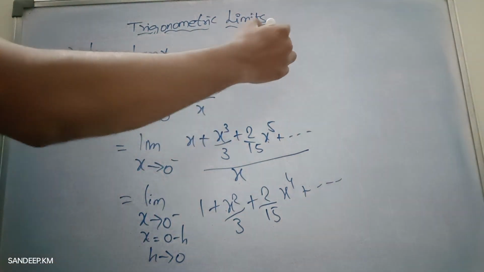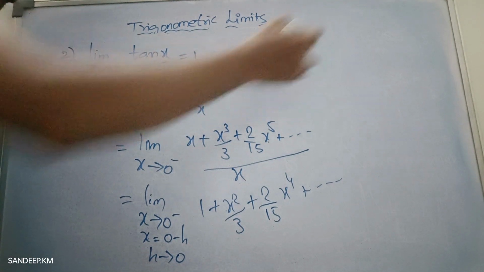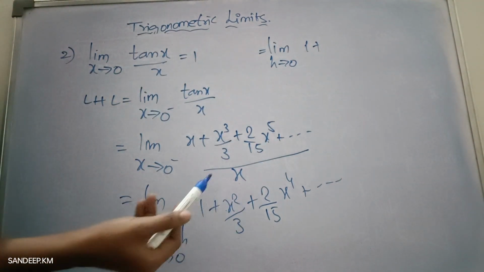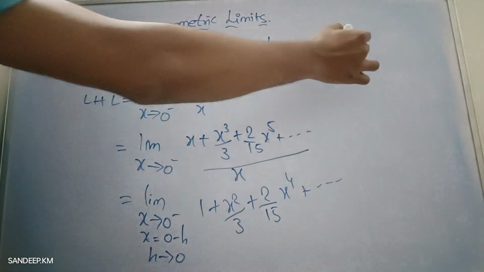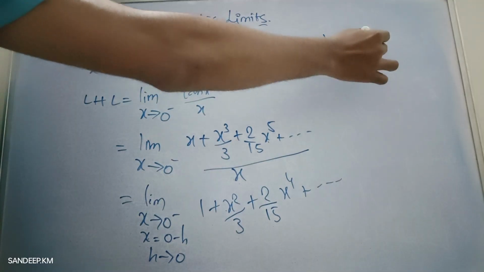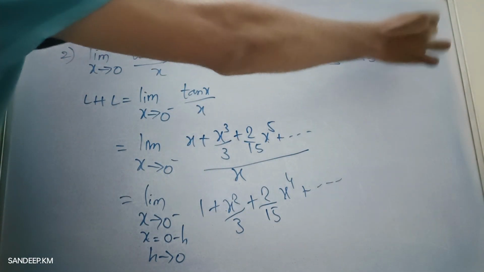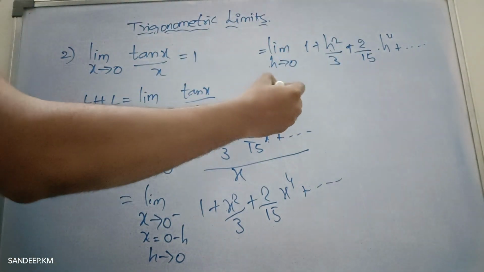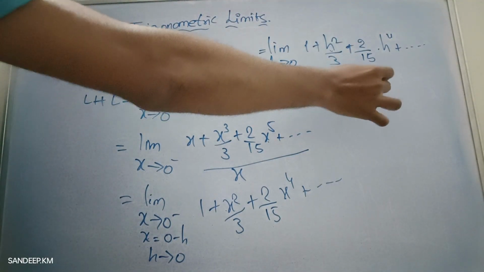If you substitute, what will you get, dear students? Limit h approaches 0, 1 plus minus h whole square is h square only, na? By 3 plus 2 by 15 into minus h whole power 4 is h power 4 only, na? Plus and so on. And h approaches 0, you can substitute h value as 0. So what will you get? 1 plus 0 plus 0 plus and so on. So the answer is 1.